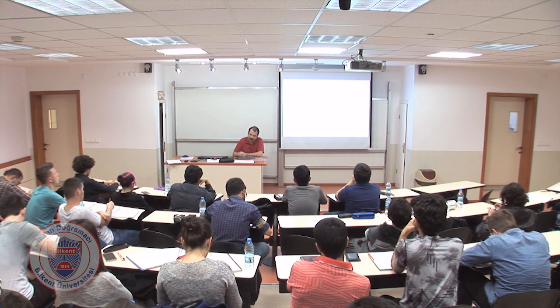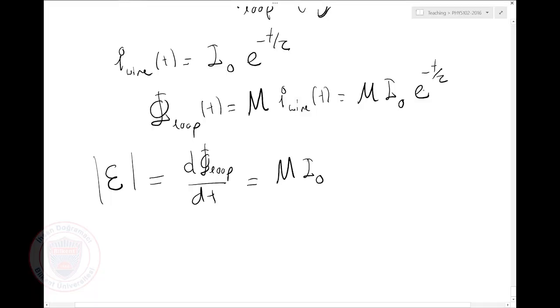So it's going to be M I0, these are constants, d by dt of e to the minus t over tau. Because I determined my direction using Lenz's law, I do not care about the sign. I know which way it will be. I just want to give a positive result at the end. The derivative of e to the minus t over tau is minus 1 over tau times e to the minus t over tau.